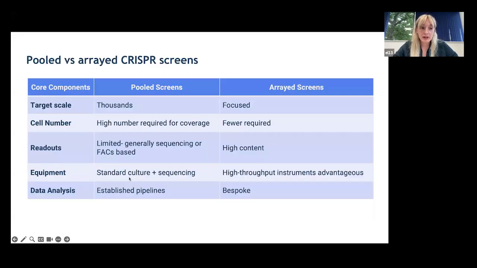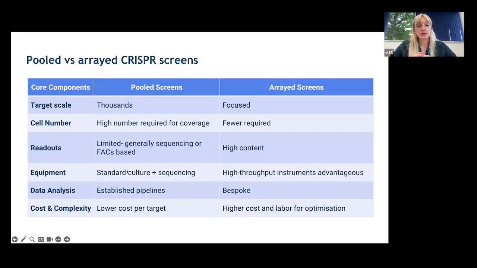Moving on to the data analysis, this is a generalization and pooled screens are certainly becoming more and more complex. So this isn't always the case, but there are established pipelines for processing pooled CRISPR screening data. Whereas with arrayed screens, depending on how bespoke your phenotypic assay is, you may require a bespoke data analysis pipeline to be generated for its analysis.